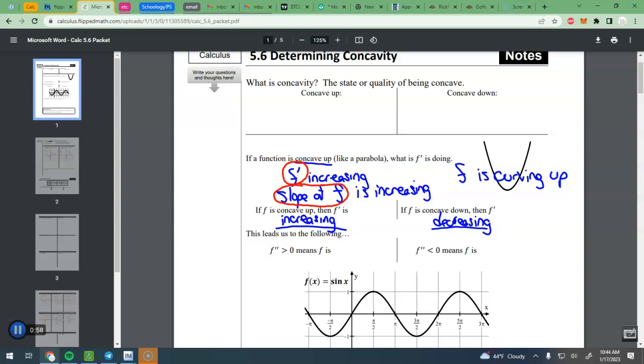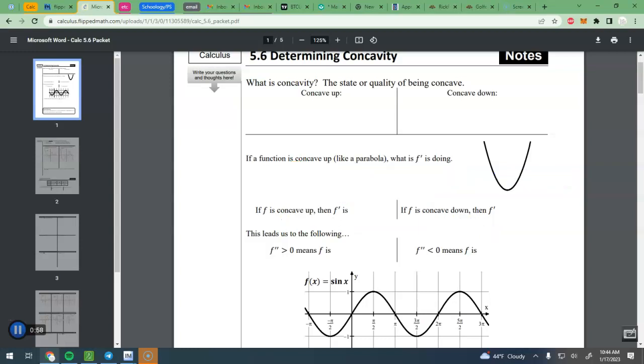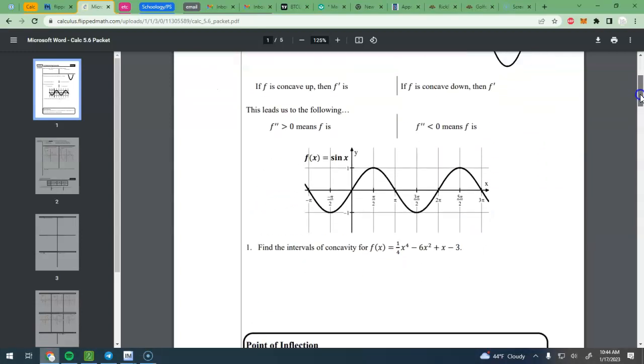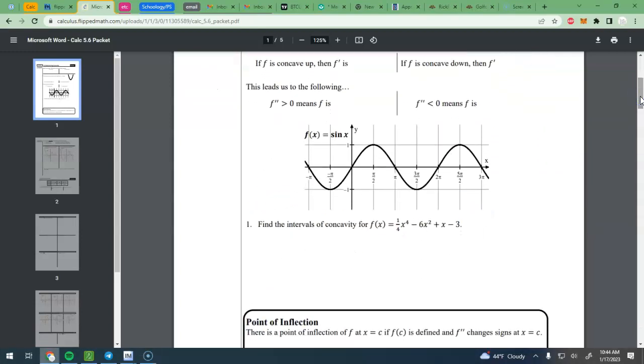So f prime greater than 0, f double prime greater than 0. So this is like the last. If your second derivative is positive, that means f is concave up. So you'll get either that or that.